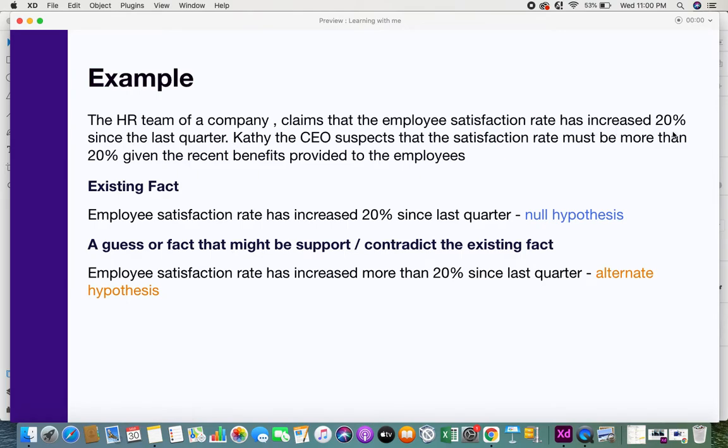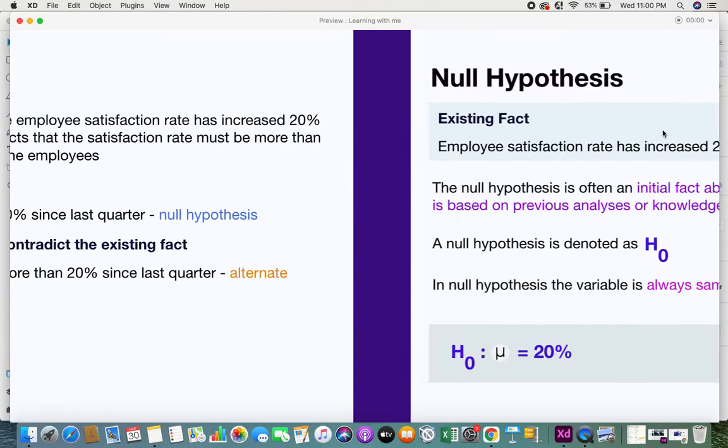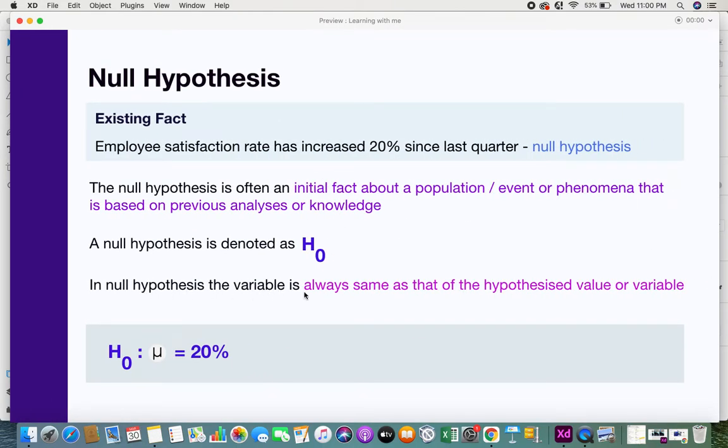So we are believing that the employee satisfaction rate has increased by 20%. That's why we denote the null hypothesis as H0: mu is equal to 20%, where mu is the mean. So we are believing that it is equal to 20% as stated by the HR department.